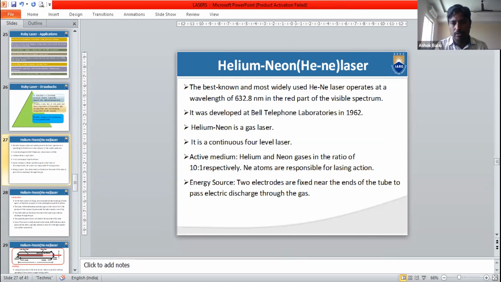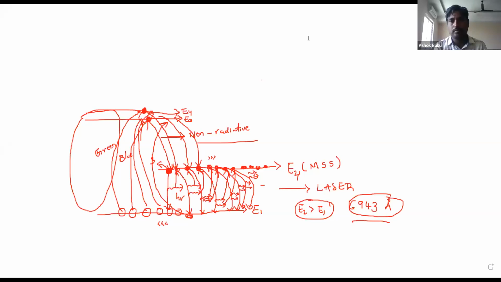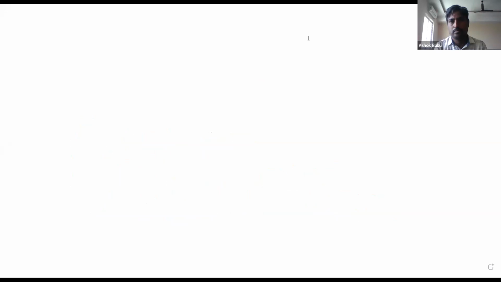So I will explain using the whiteboard. Here we have taken the discharge tube. Instead of the ruby rod, the ruby crystal in the ruby laser, here I am taking the discharge tube.